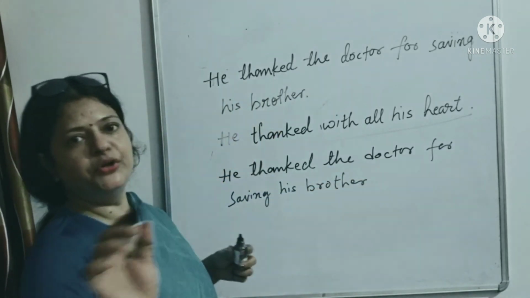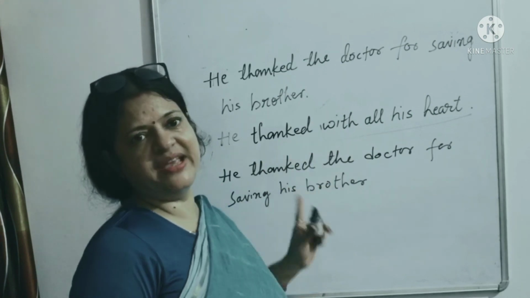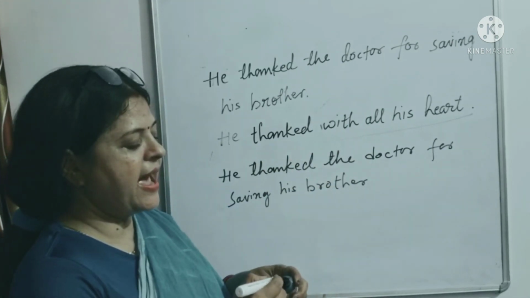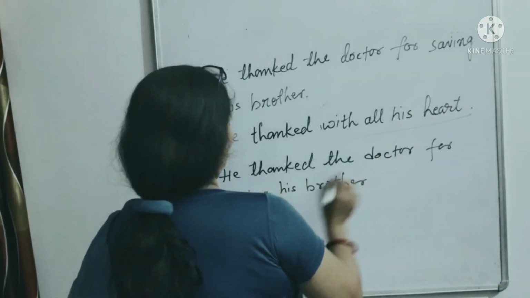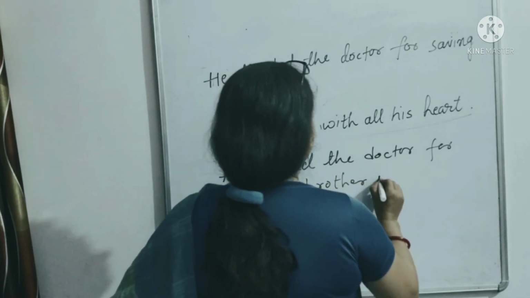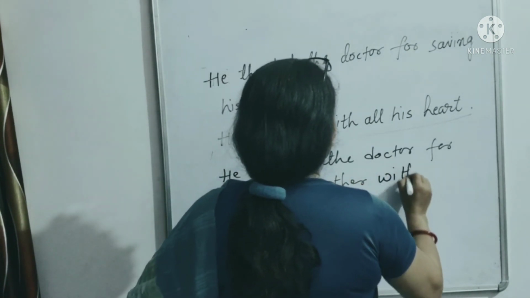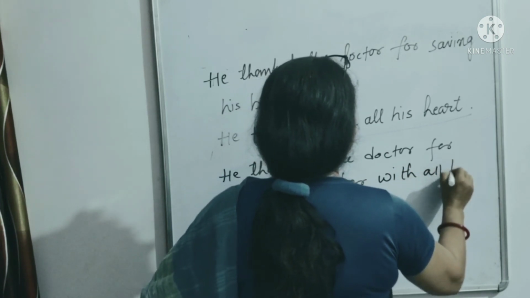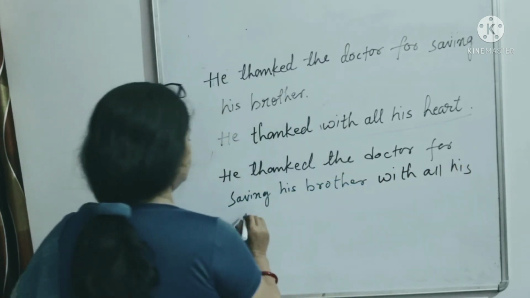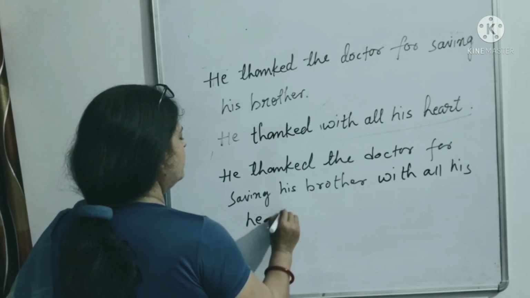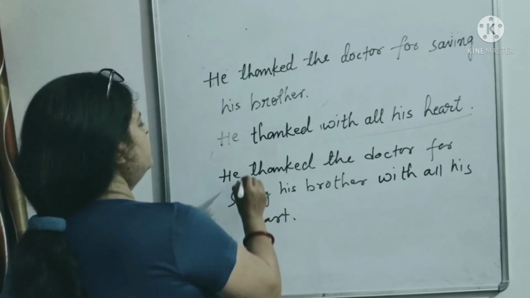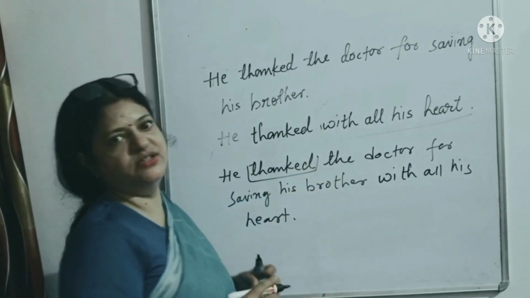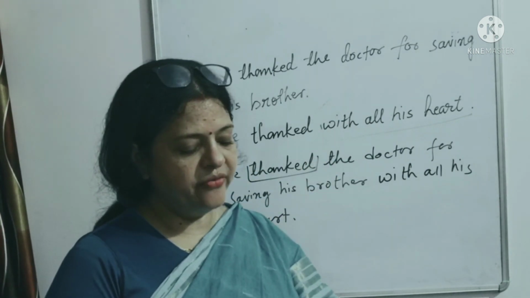Now we'll take only this phrase from the second sentence and add it to the first one. So: he thanked the doctor for saving his brother with all his heart. Now we have joined these two sentences and have only one finite verb in this sentence. Hope you understood it well.